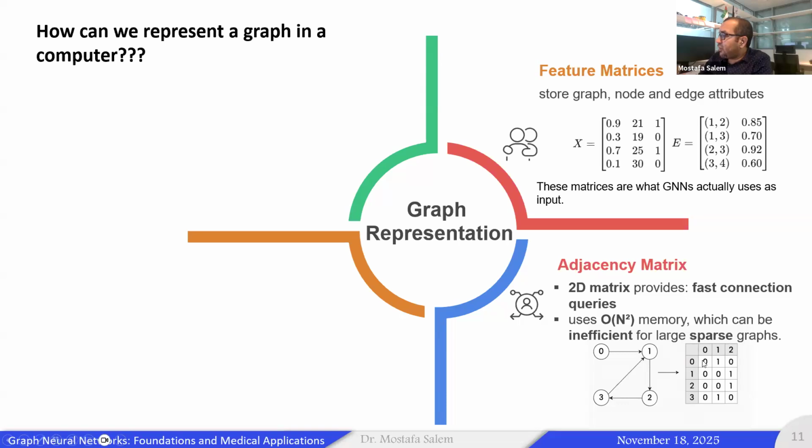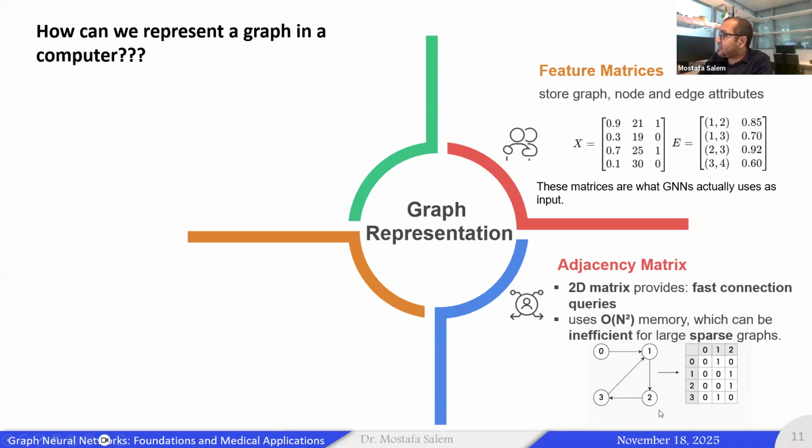Now, for each connection, between 0 and 0, this is 0, which means node 0 is not connected to node 0, and this 1 means node 0 is connected to node 1, and 1 is not connected to 0, not connected to 1, but connected to 2, and etc. So the adjacency matrix is a 2D matrix, the rows and columns represent nodes, and the values will be zeros and ones. 0 means these 2 nodes are not connected, but 1 means these 2 nodes are connected.